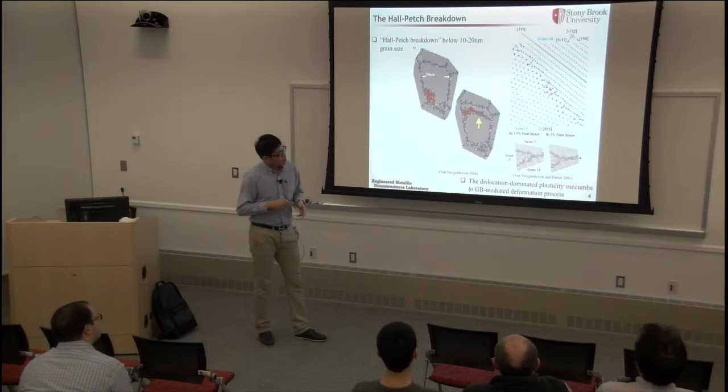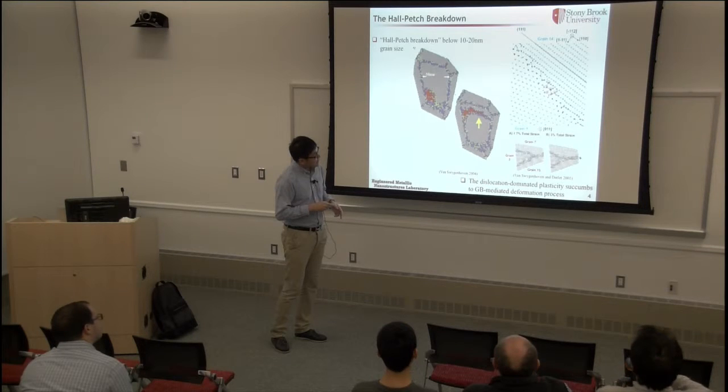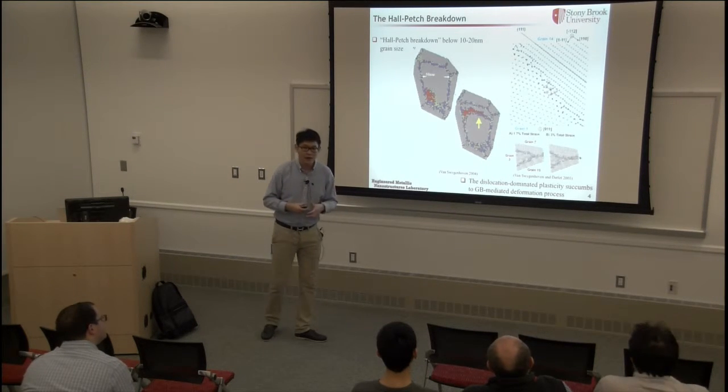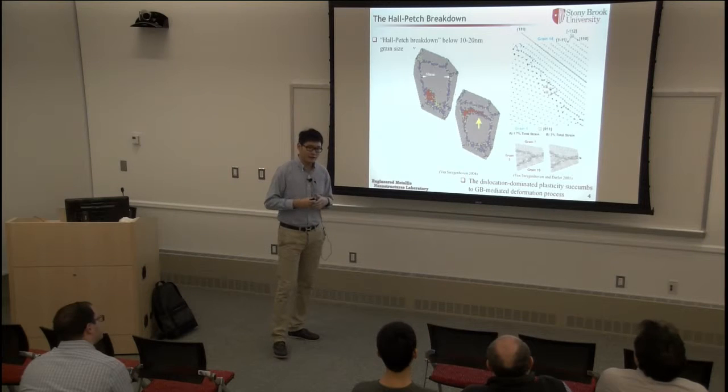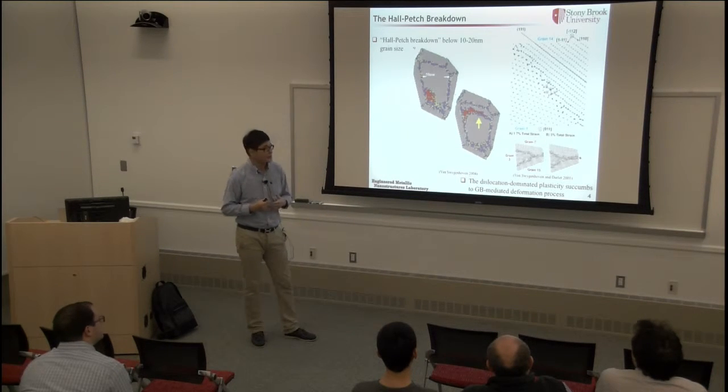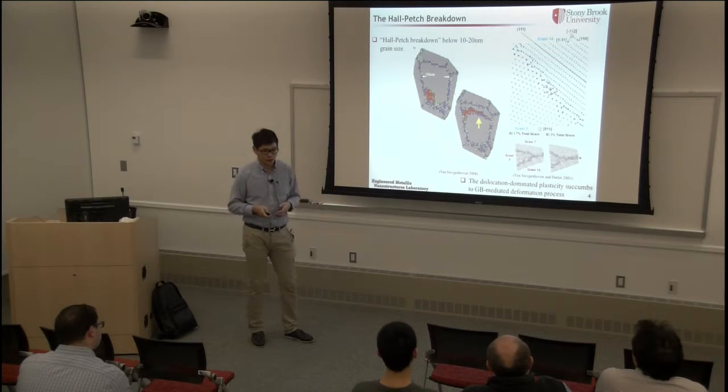Also the grain boundary can slide, and atom shuffling has been observed right here. And the grain boundary can also migrate during the deformation. All this shows that Hall-Petch and its breakdown introduce a scaling law for nanocrystalline materials.